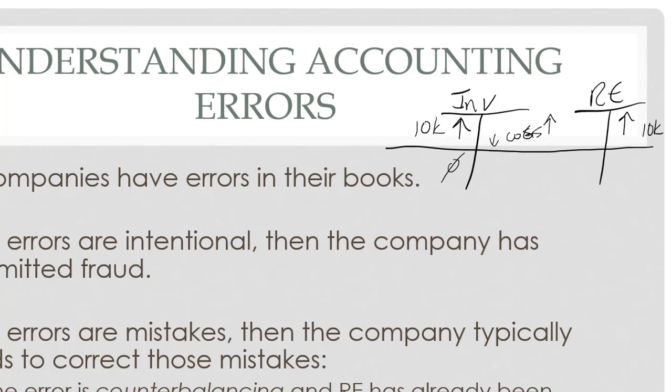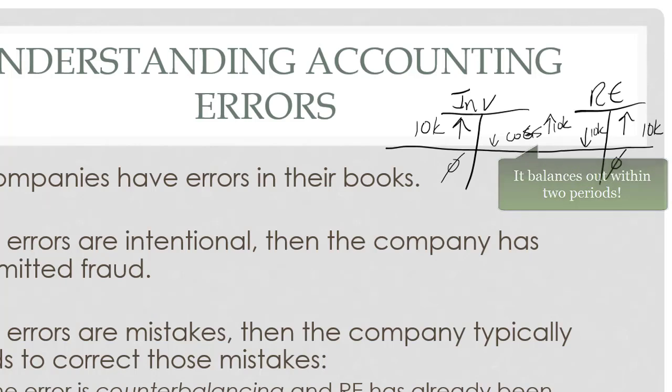It's gone. I've got the right balance now. In retained earnings, this extra cost of goods sold would drop retained earnings by $10,000. So by this point, retained earnings is 100% correct as well, because the errors have balanced out. Again, we call it counterbalancing, because if left alone, the errors will simply sort themselves out.